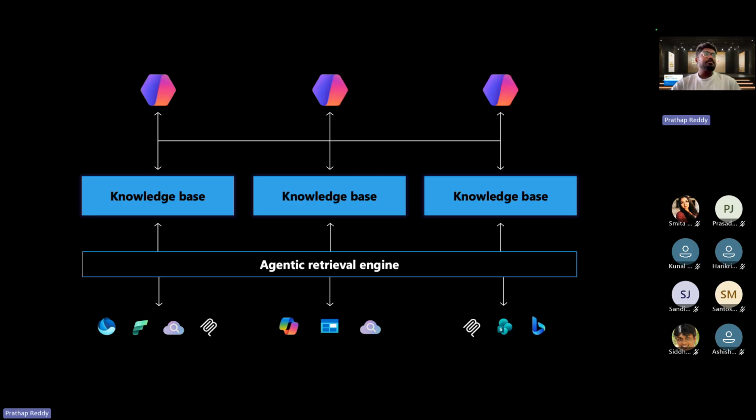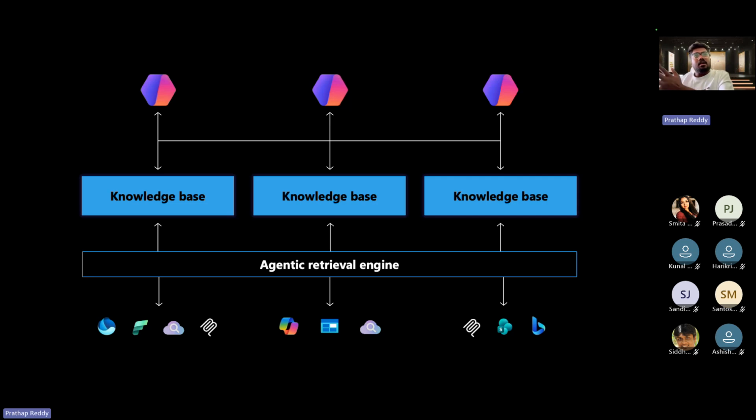Here we have the knowledge base, the different knowledge bases, and the agentic retrieval engine. For example, let's say I have different knowledge bases. One knowledge base mainly grabs information from OneLake, Fabric, and MCPs. Another knowledge base retrieves information from Copilot, AI Search, and different platforms.